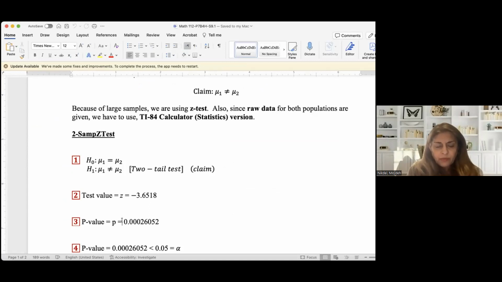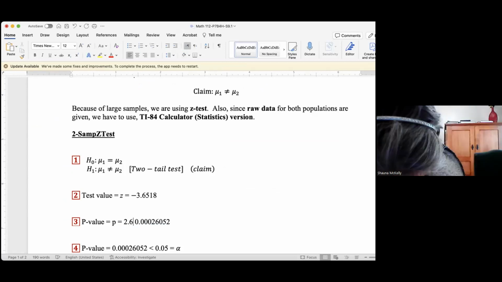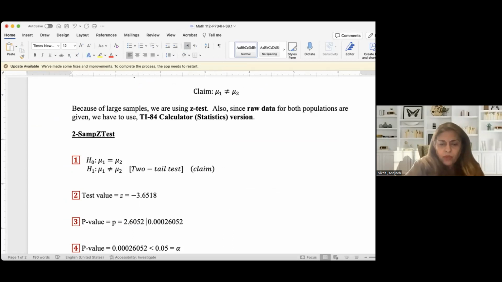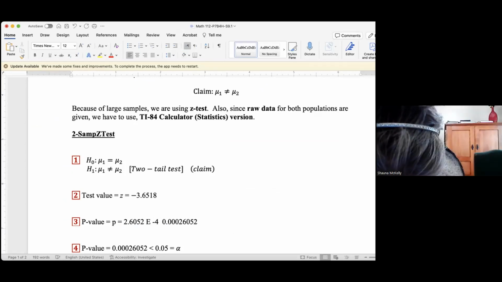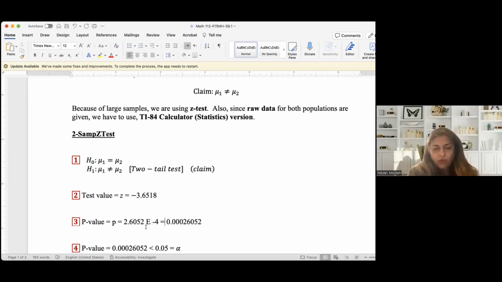Originally, I had 2.6052 E to the negative 4. So what I did was I moved my decimal point 4 places to the left. One place is for the 2, then I end up with 3 more zeros. So I get 1, 2, 3.